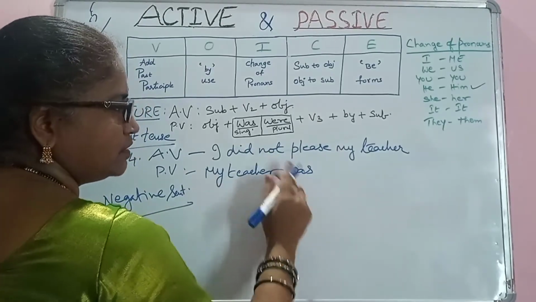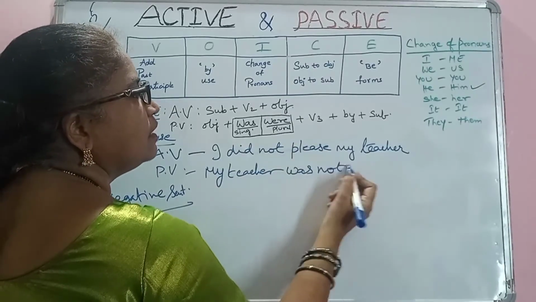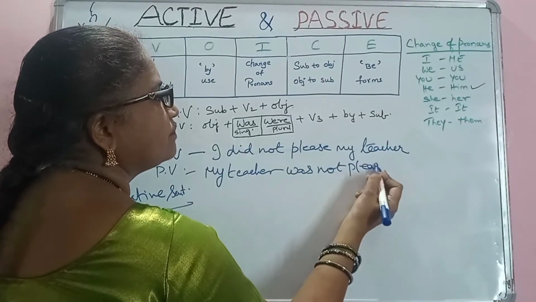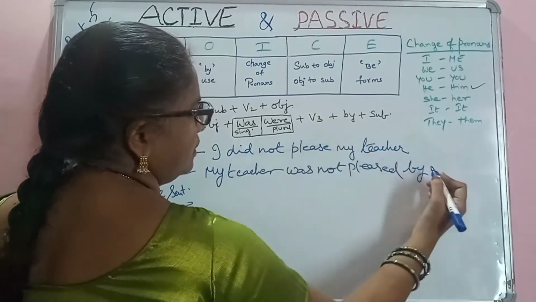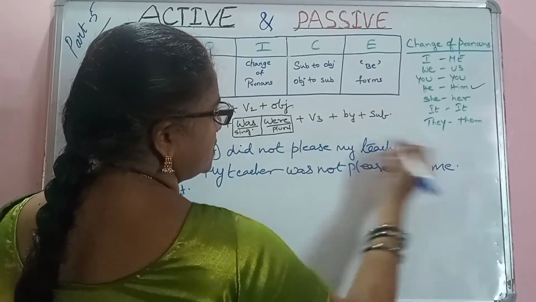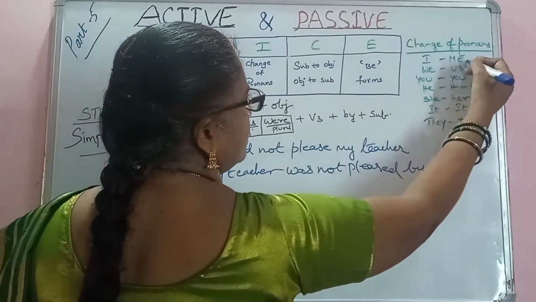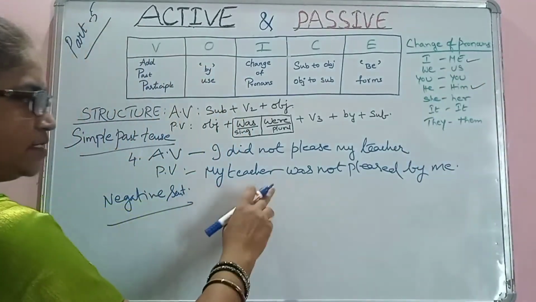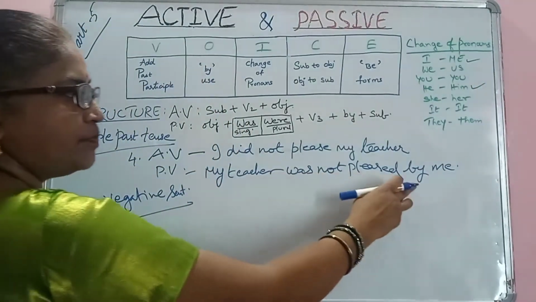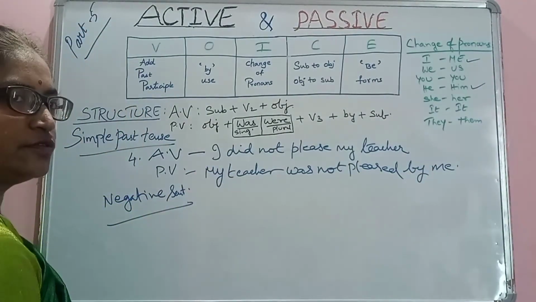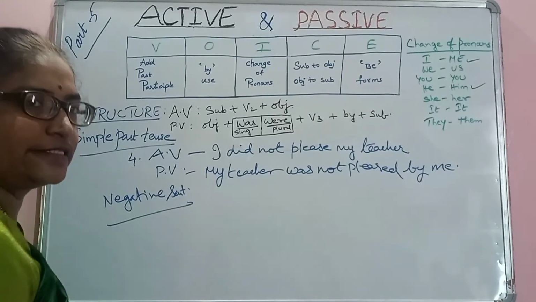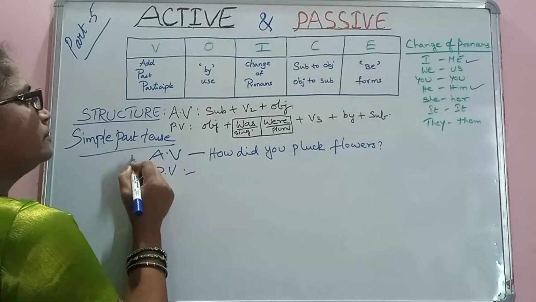My teacher was not pleased by me. Here I changes to me, and the sentence is: My teacher was not pleased by me. This is a negative sentence that we can change from active to passive voice.